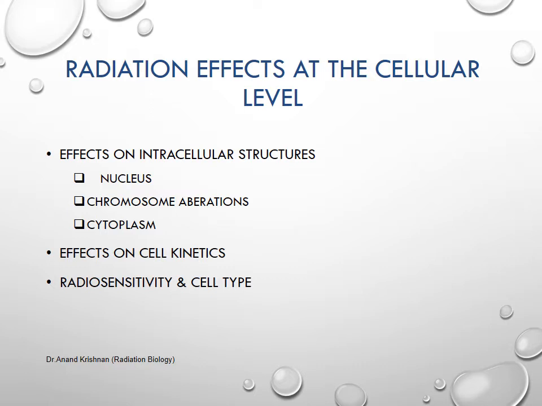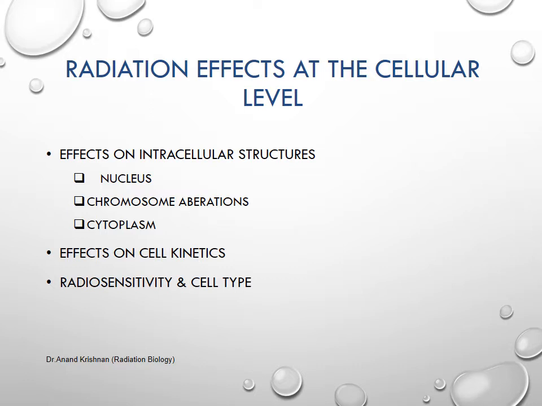Whereas, moving on to the indirect theory. The indirect theory of radiation injury suggests that the X-ray photons are absorbed within the cell, and it causes a formation of toxins which in turn damage the cell.